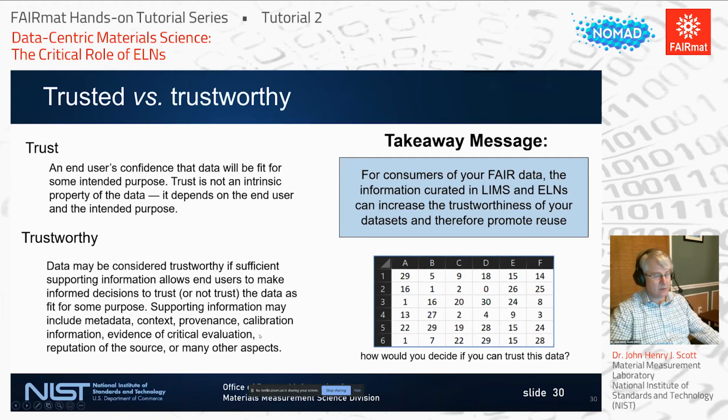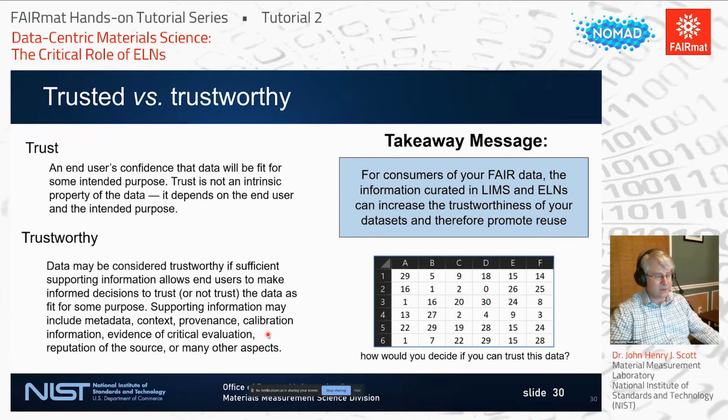Perhaps the data has undergone critical evaluation. NIST has a category of data we call standard reference data. I'm involved right now in adding web-based technology to one of our SRD products, standard reference data set number 20, which is X-ray photoelectron spectroscopy data.